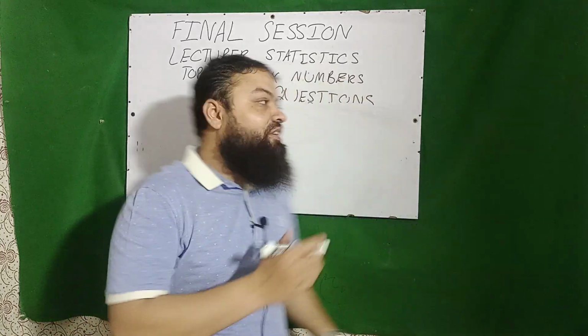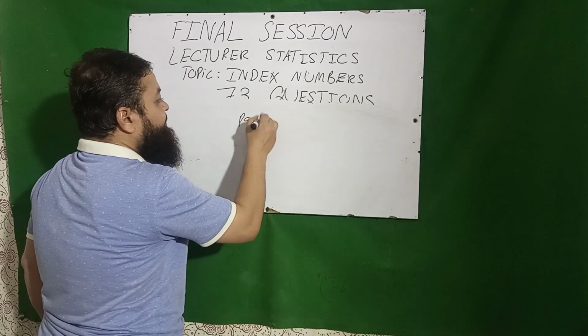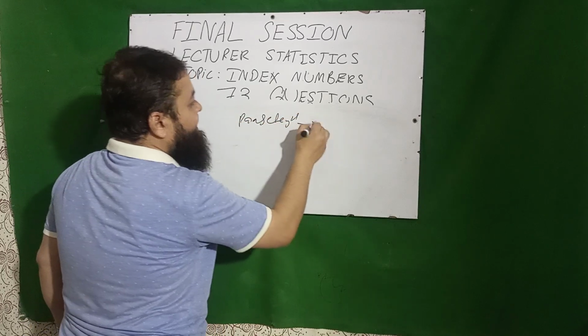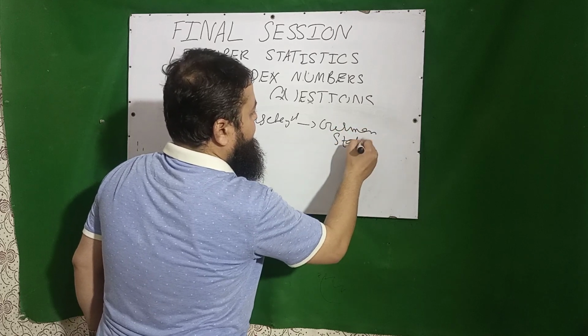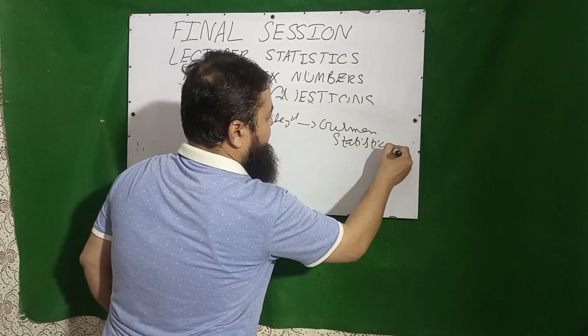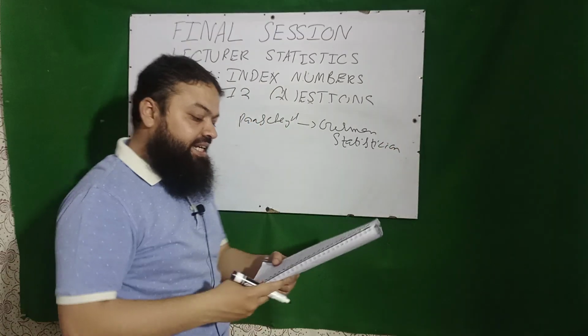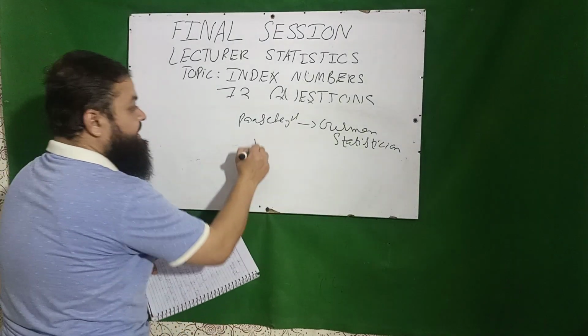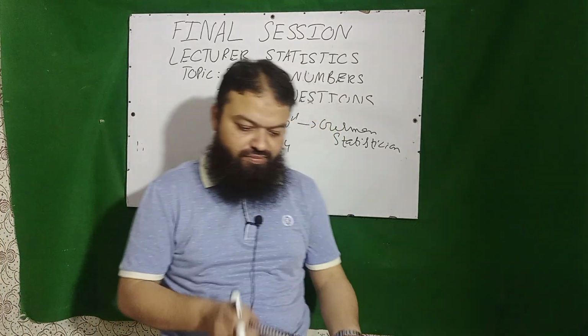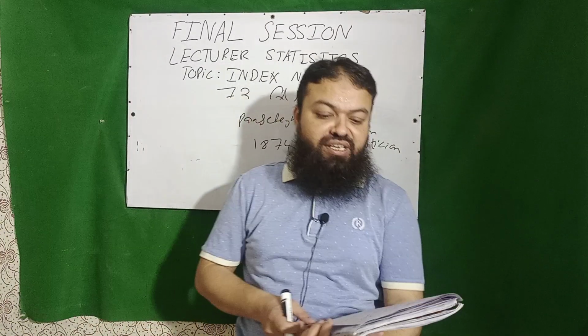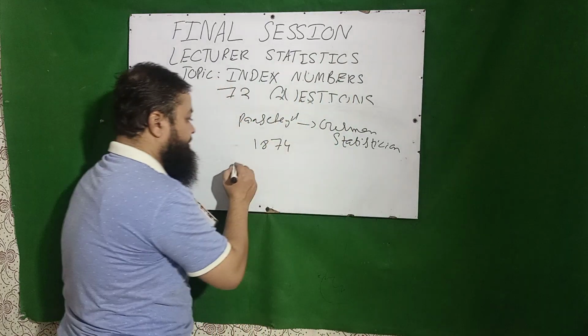Next is who was Paasche? Paasche was a German statistician, and he introduced that index number in 1874. Marshall index number lies between, a very important question.